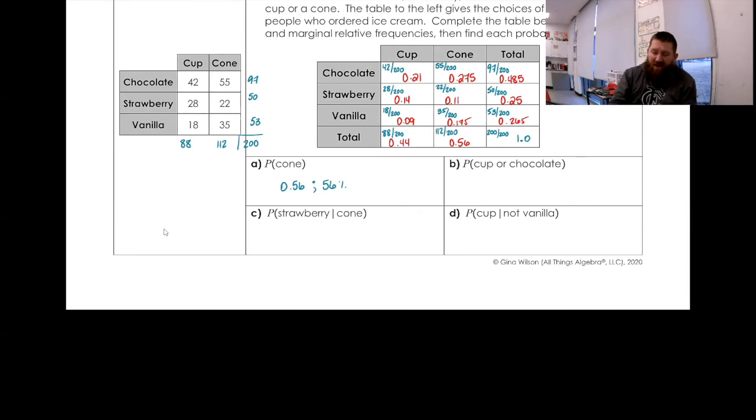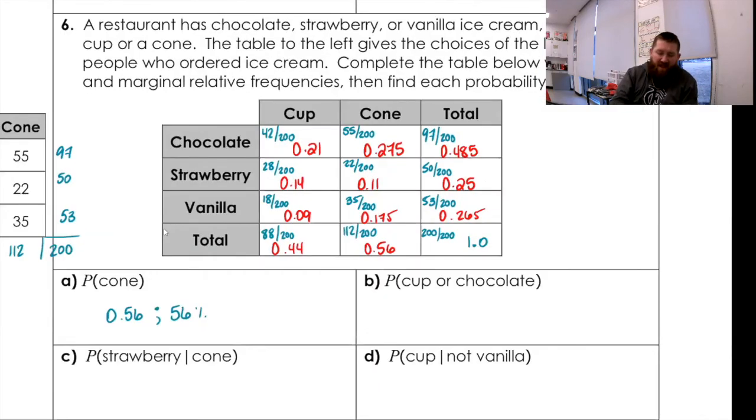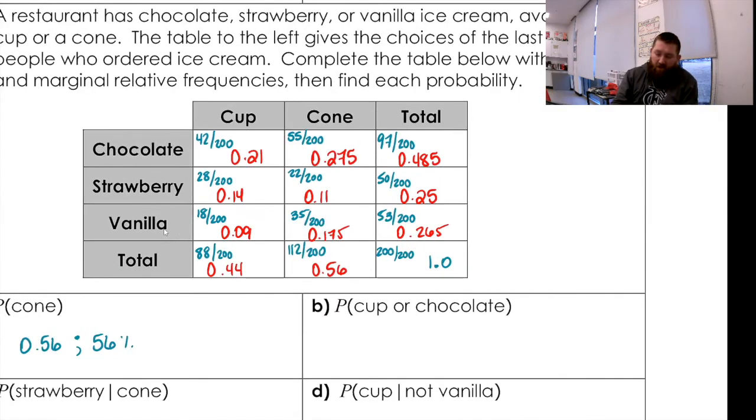So let's go ahead and highlight this column just because it's that important. We want people that chose cup or people that chose chocolate. What do we notice about those highlighted pieces? Well, hopefully we notice that that data point, people that were cup and chocolate, is counted twice.